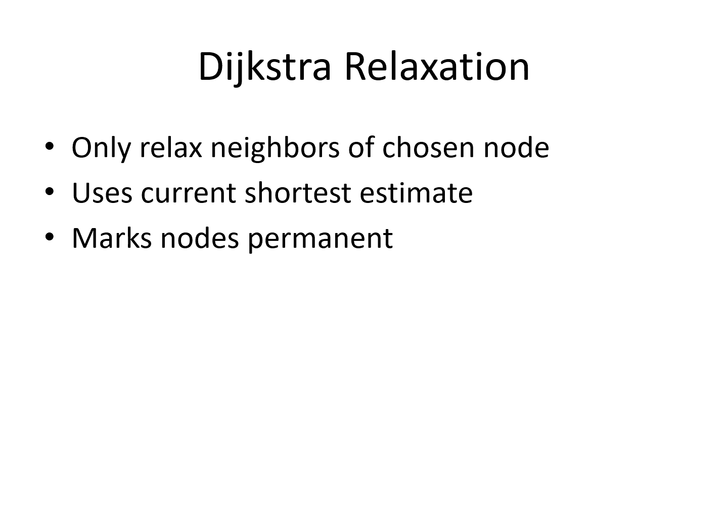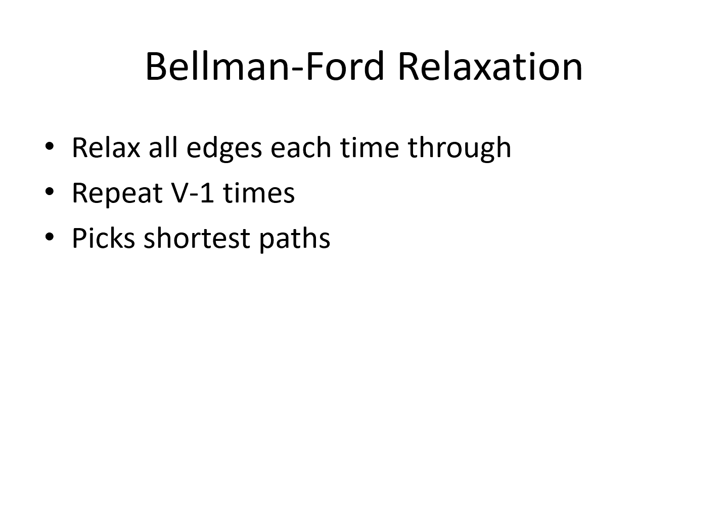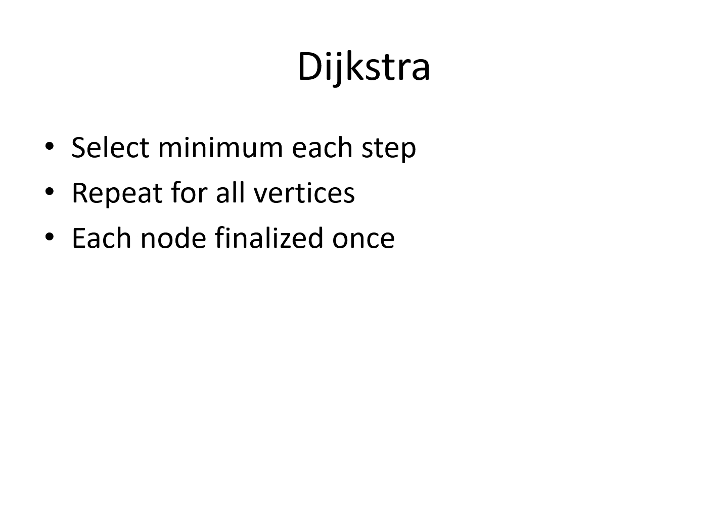Dijkstra relaxation only relaxes neighbors, and if a shorter path is not found, it will use its current shortest estimate. Bellman-Ford relaxes all edges each time through and repeats that V minus 1 times, and it picks the shortest path.